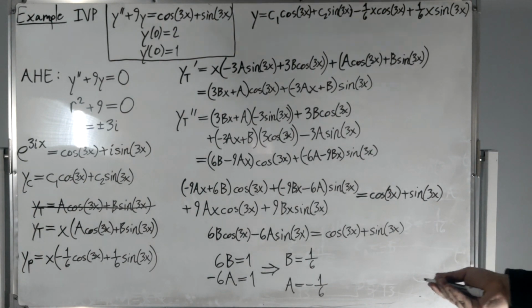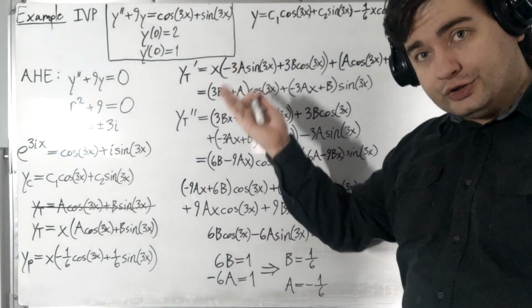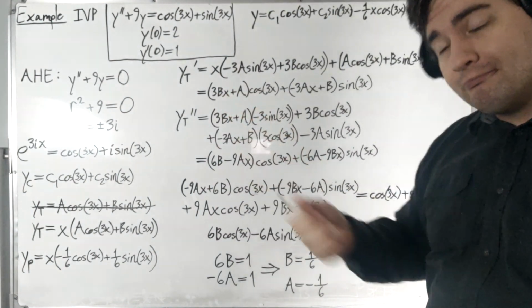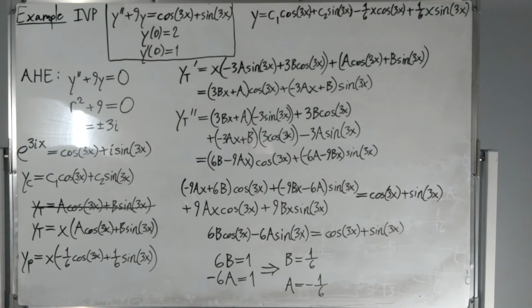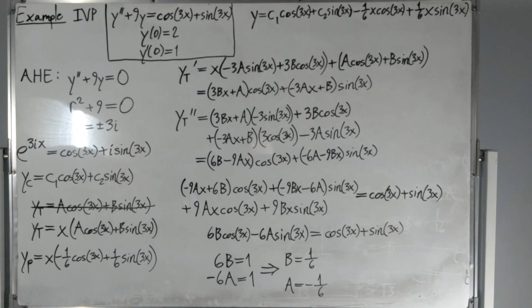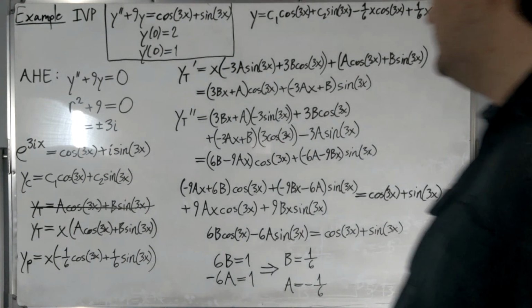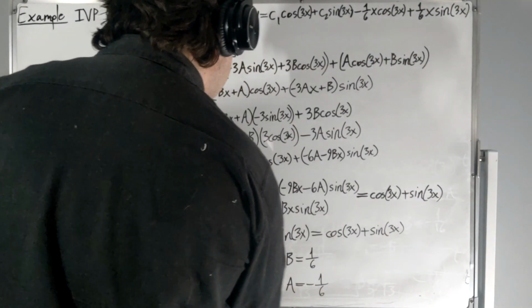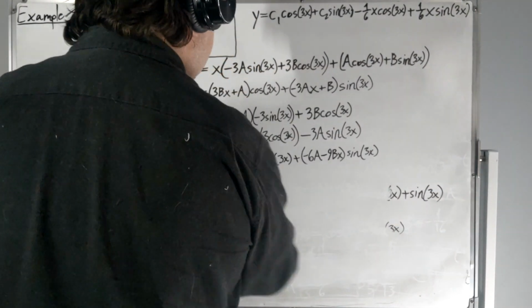Now we're not done, right? Because we have an initial value problem. So I'm going to erase this now, and we're going to use the initial conditions to figure out the particular solution that solves the initial value problem.